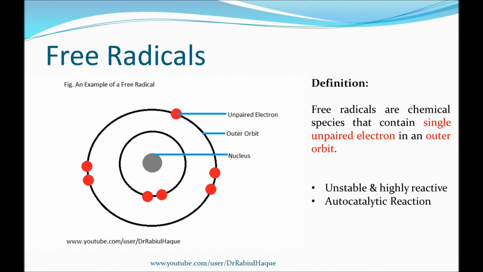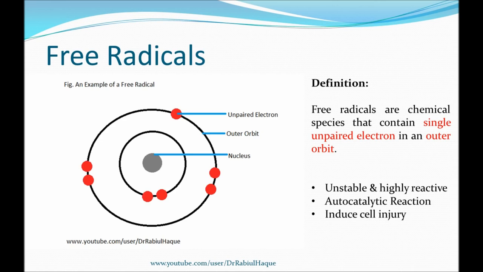And one important thing you have to remember, that the most common examples of free radicals will include reactive oxygen species or ROS, which are responsible for cell injury, and ROS can cause cell injury during chemical exposure, radiation exposure, ischemia reperfusion injury, and during cellular aging.